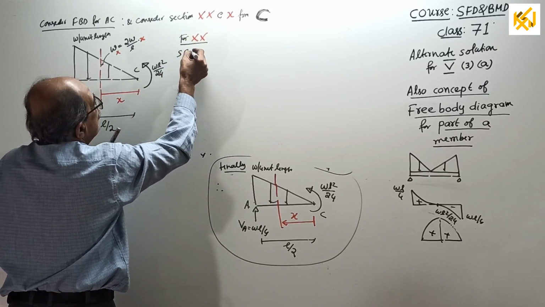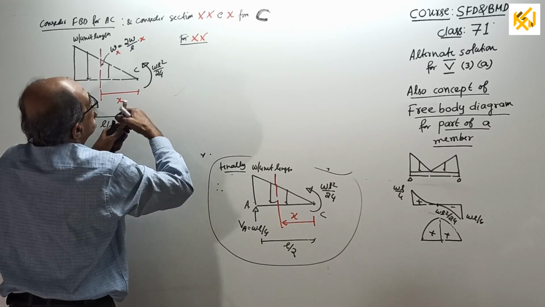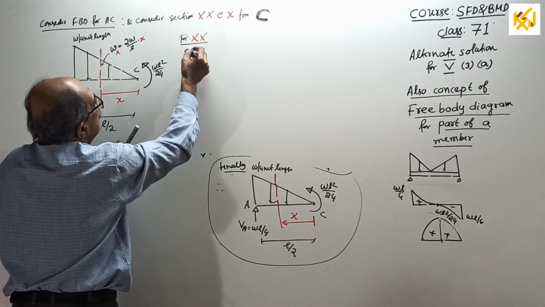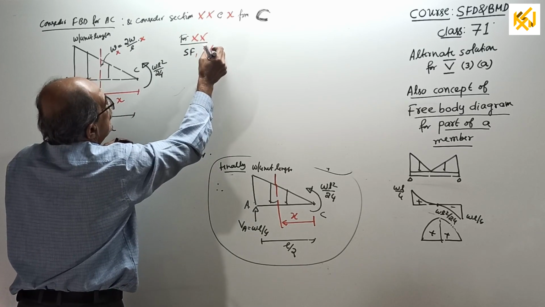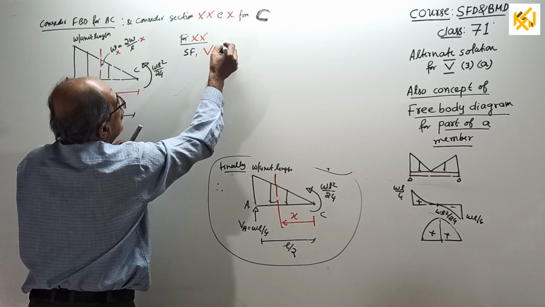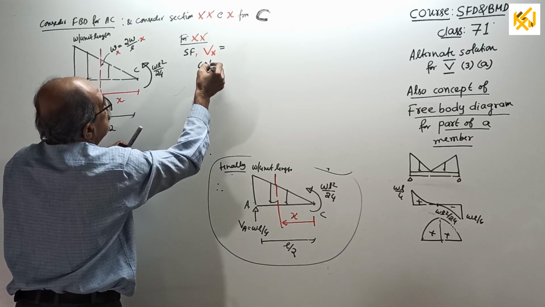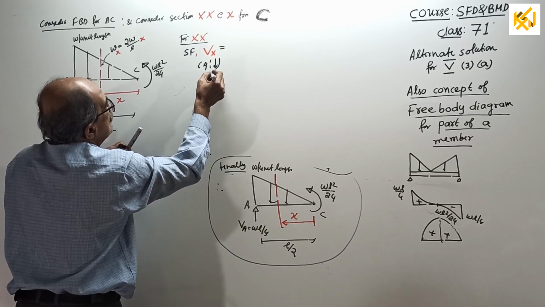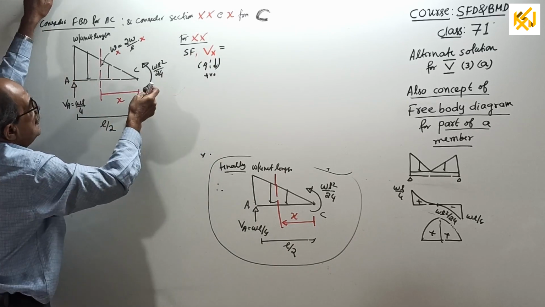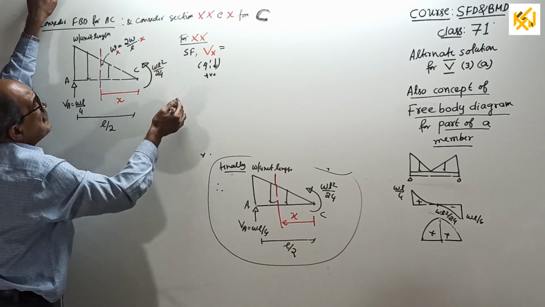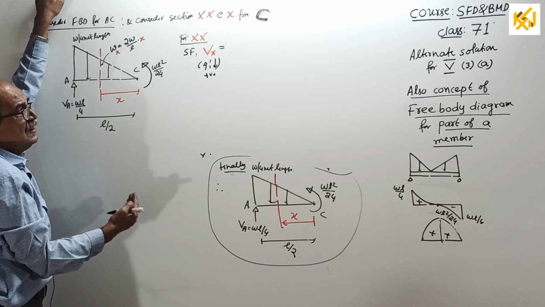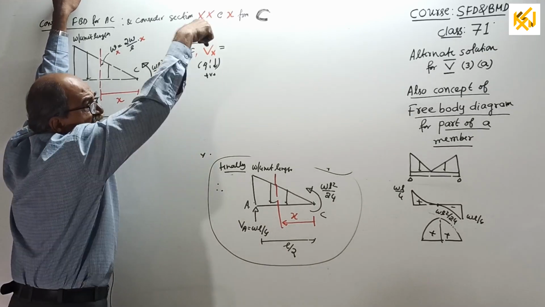Okay, now for cross section XX, fast solution, not much time. For shear force, Vx equal to, left up, right down positive. Look at this side. There is only force. Left side up positive, right side down positive.